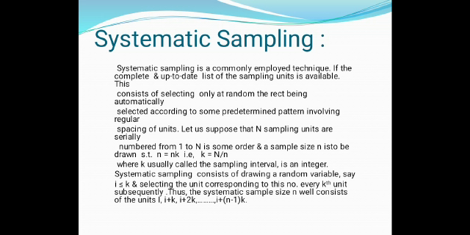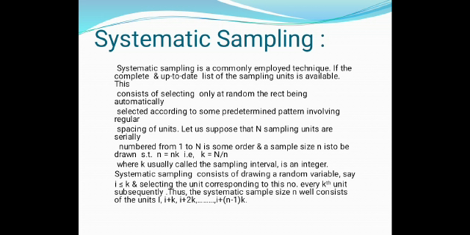Let us suppose that N sampling units are serially numbered from 1 to N in some order, and a sample of size n is to be drawn such that N is equal to nk, that is, k is equal to capital N by small n, where k, usually called the sampling interval, is an integer.